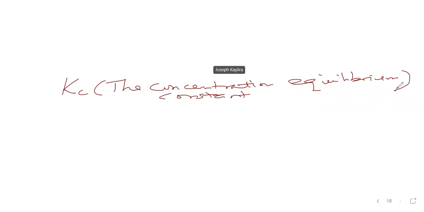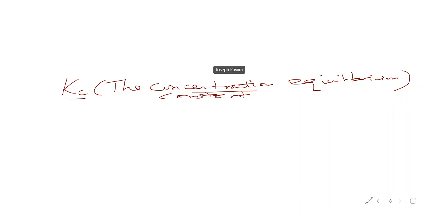So chemical equilibrium constants can be denoted by either Kp or Kc. So when you hear of Kc, then it's the equilibrium constant in terms of concentration, where we are dealing with the molar concentrations.